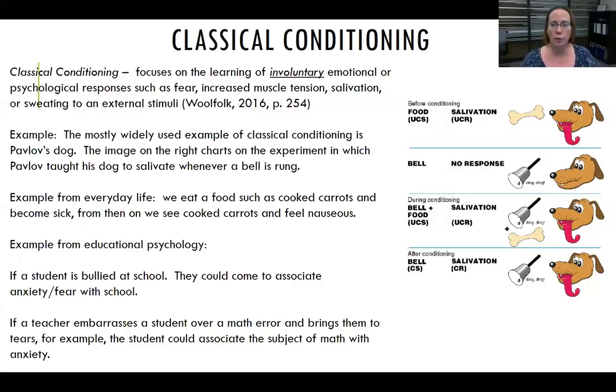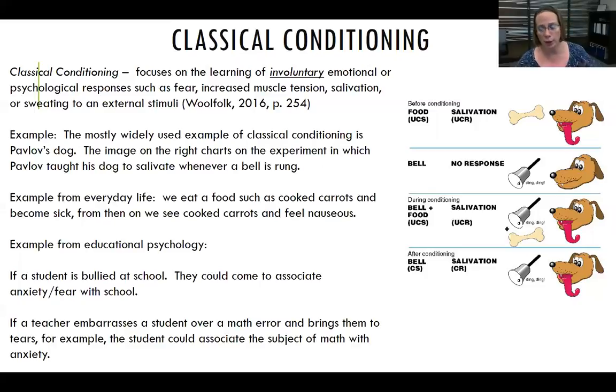And so ultimately, over time, the dog associated the ringing of the bell with food. And so after a while, Pavlov took away the food, but the dog would still salivate. So in his mind, ringing of the bell, food, ringing of the bell, food. So again, contiguity has to do with making an association over time.